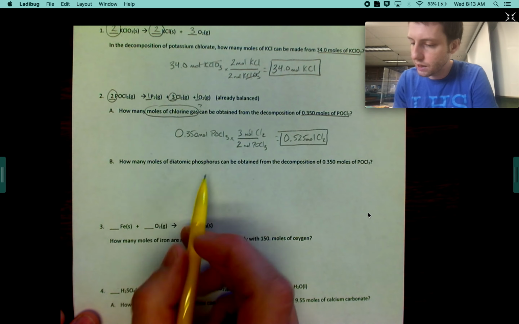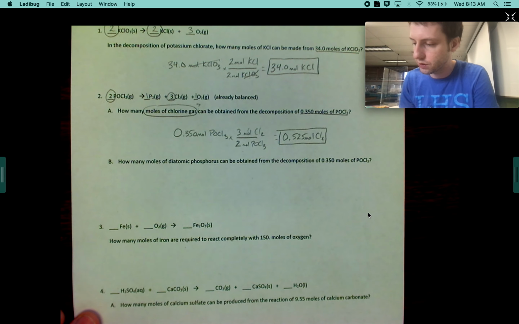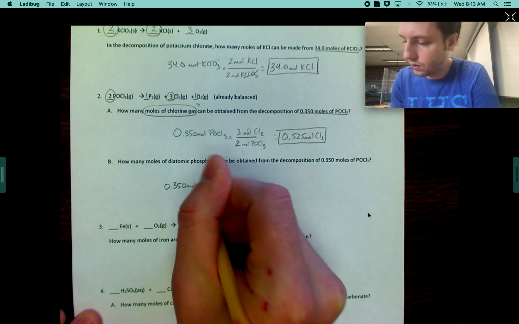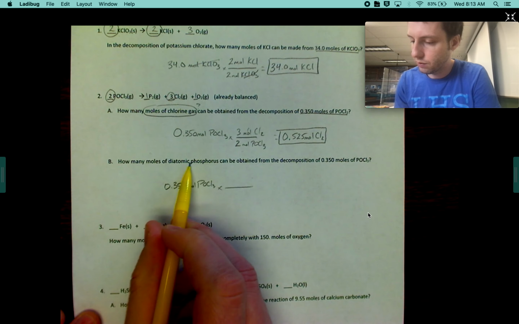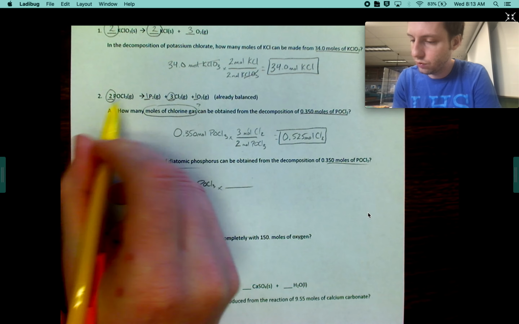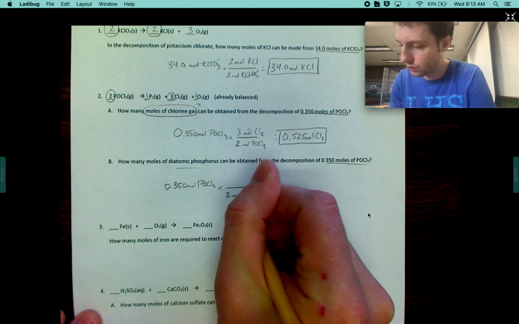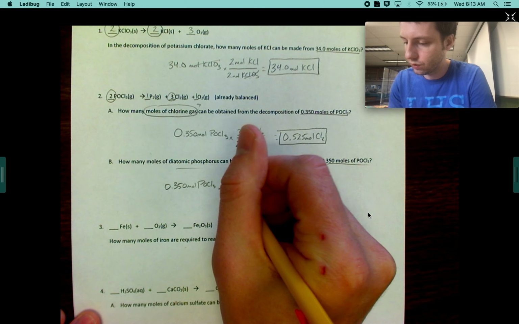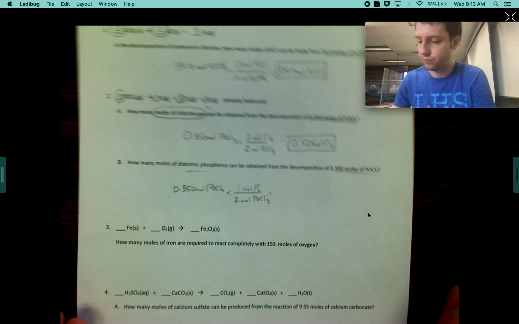How many moles of diatomic phosphorus, so now I'm converting to phosphorus, can be obtained in decomposition? All right, 0.350 moles POCl3. My mole ratio here is going to be 2 to 1. So I've got 2 moles POCl3 and 1 mole of P2.